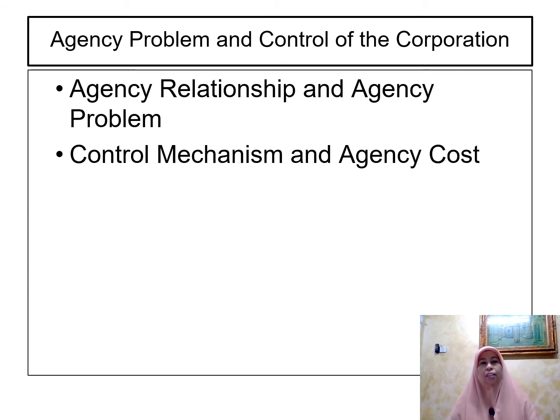Under this subtopic, we will touch on the definition of agency to describe what the agency relationship is, what possible agency problem could arise between the agent and principal, and what methods or approaches the company uses to mitigate the agency problem, which are known as control mechanisms, and what the cost incurred arising from the control mechanisms is.